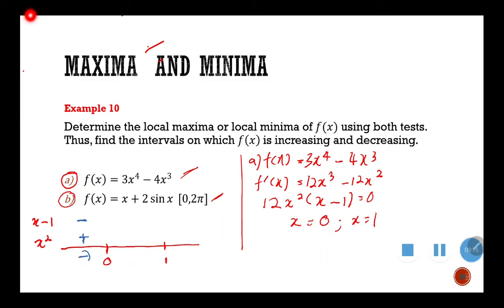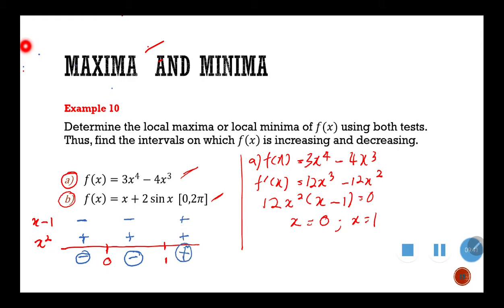So I will get here negative. In between 0 to 1, katakanlah separuh, 1 over 2 square is positive. 1 over 2 minus 1 is still negative. So meaning that you have negative. And then more than 1, katakanlah 2, positive, 2 minus 1 is also positive.